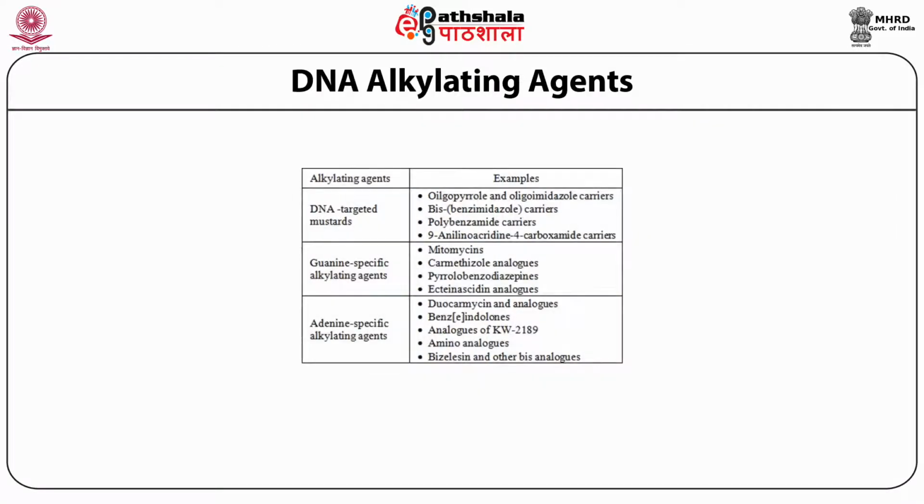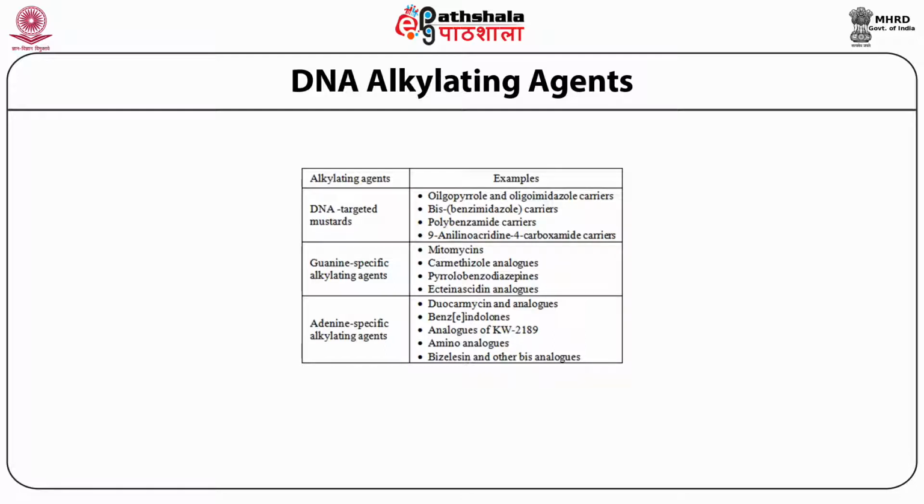Here we discuss some DNA alkylating agents like the DNA targeted mustards. The examples are the oligopyrrole and oligoimidazole carriers, bis-benzimidazole carrier, polybenzamide carrier, and 9-anilinoacridine carboxamide carriers.